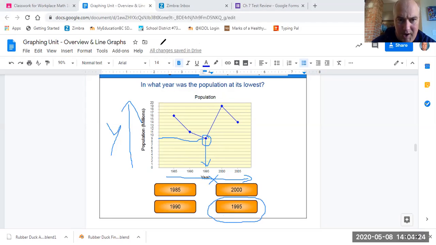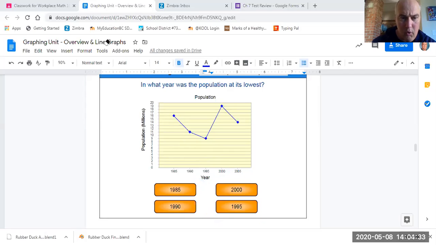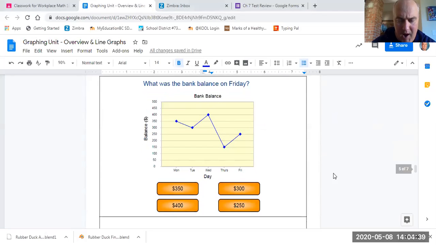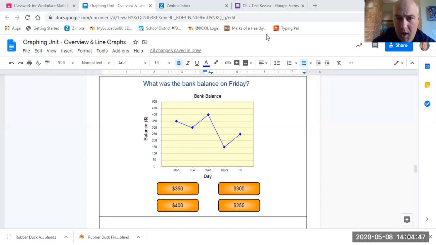So let me just erase this off here, and then we'll look at the next example. Looking down here, the next question is, what was the bank balance on Friday? In this particular case, we have Friday occurring right here.